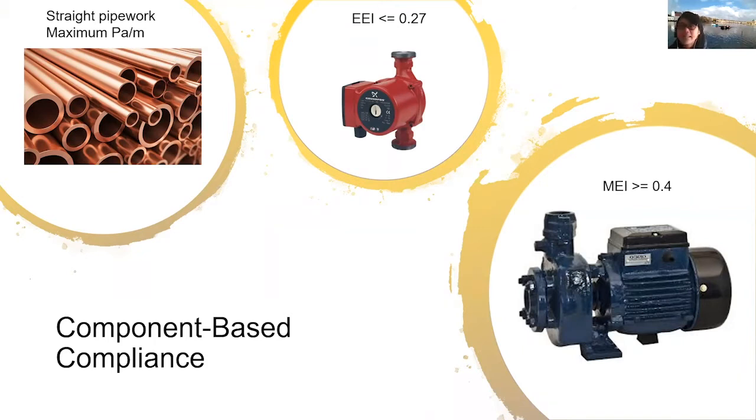Basically, an EEI is a metric that defines how efficient your pump is relative to a predefined reference. There's a reference pump in the EU document, so if you had an EEI of 0.28, it means you're less efficient than your reference pump, so it wouldn't comply.